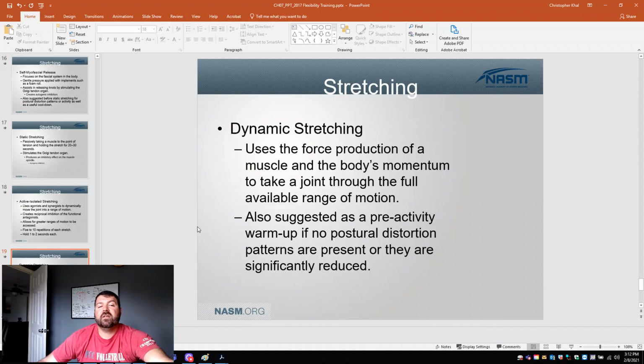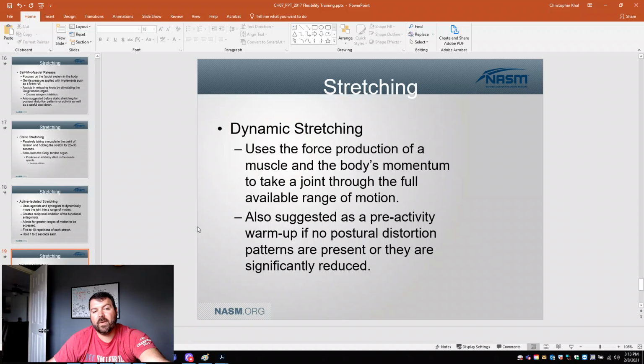Dynamic stretching, okay, uses the force production of a muscle and the body's momentum to take a joint through the full available range of motion. Also suggested as a pre-activity warm-up if no postural distortion patterns are present or they're significantly reduced. So we're going to have an entire week where we talk about dynamic stretching and dynamic warm-ups.